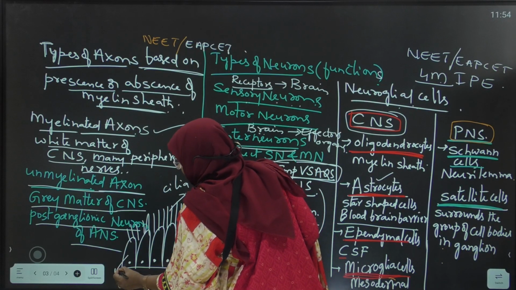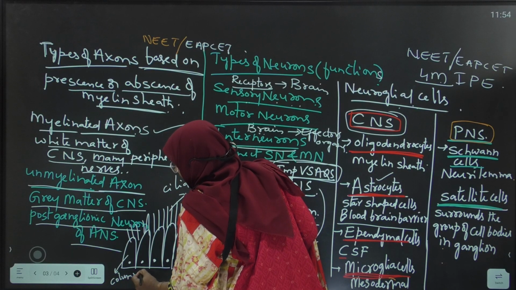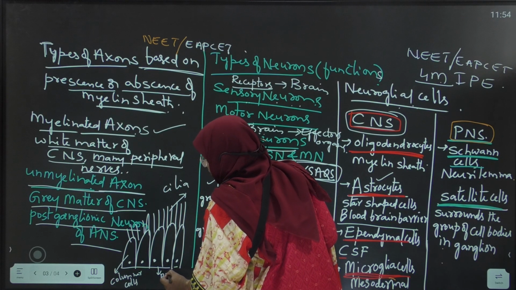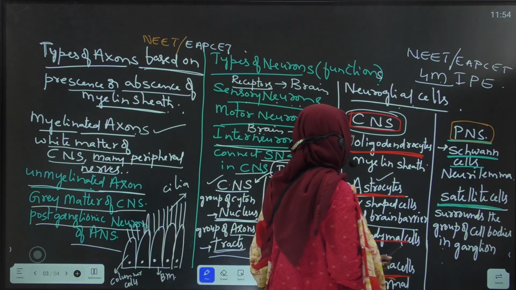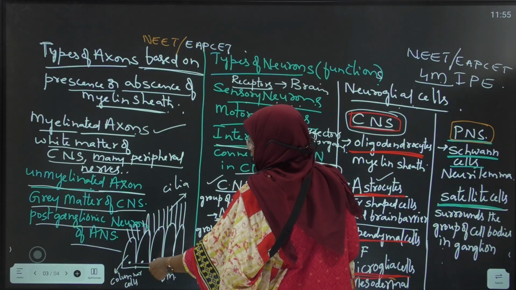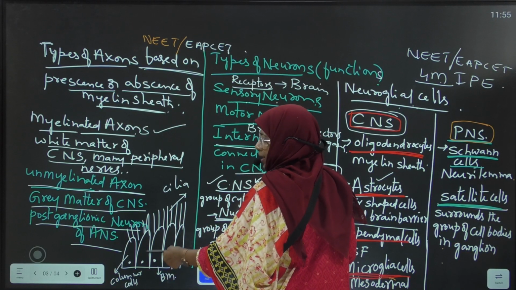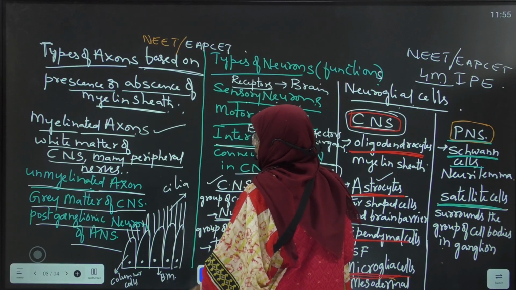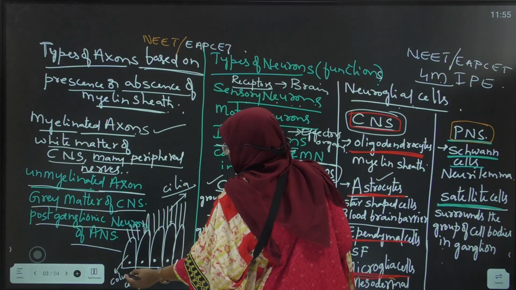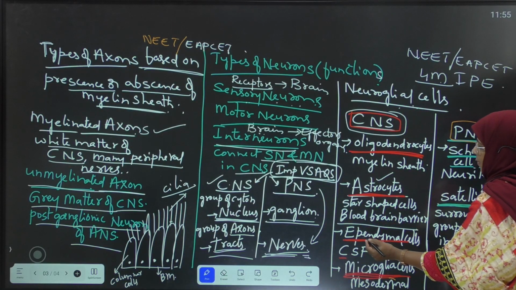These are columnar cells with a basal nucleus, lying on the basement membrane. So what is the shape of the cell? Column-like or pillar-like with a basal nucleus. The free surface of these cells consists of cilia.